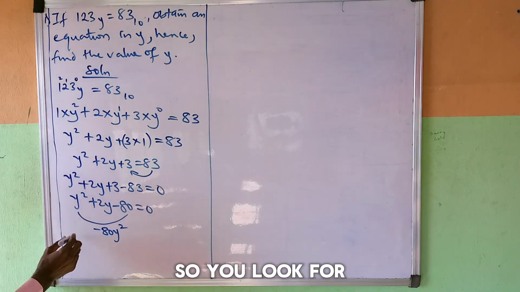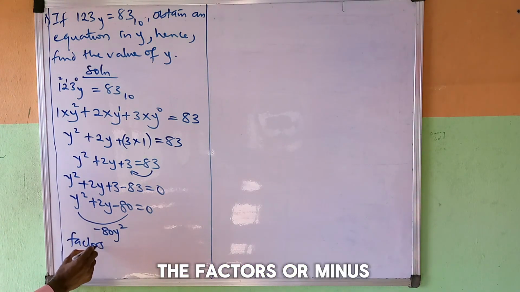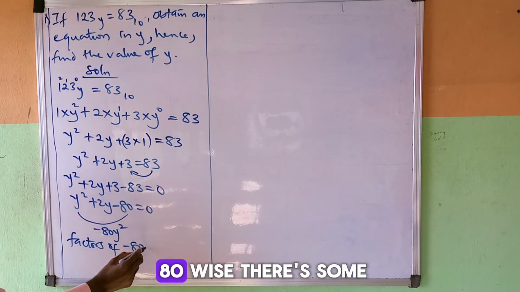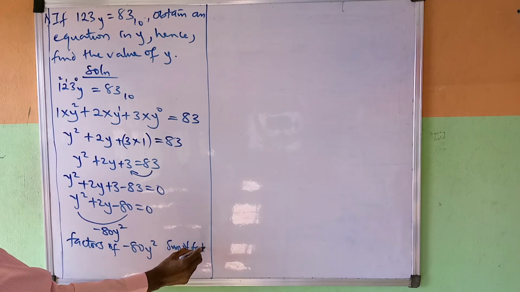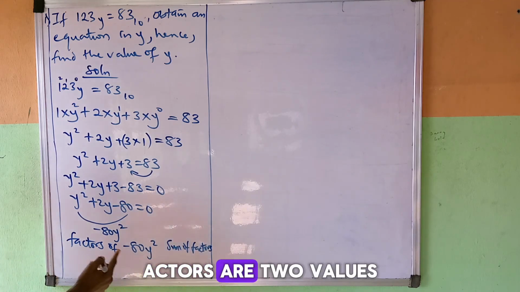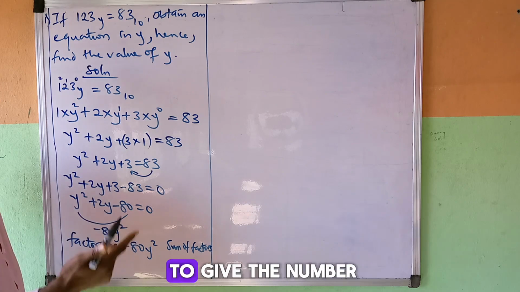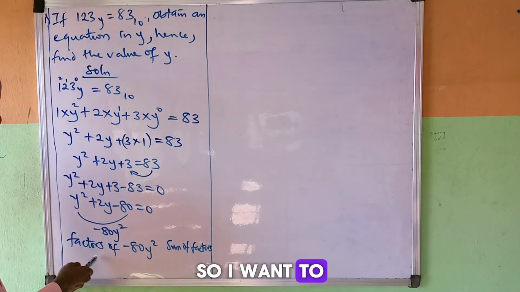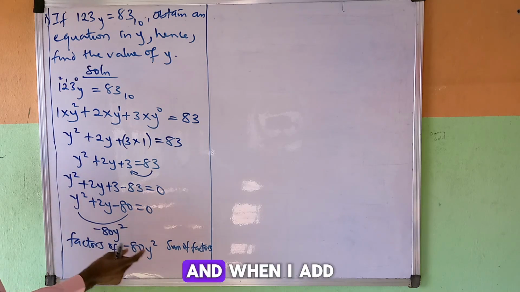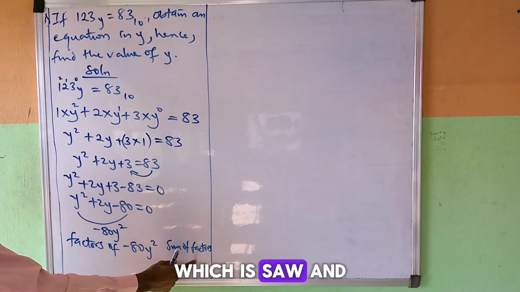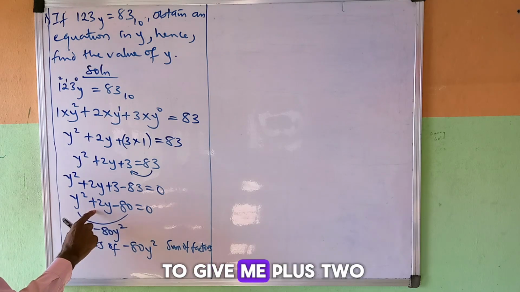Now, you look for the factors of minus 80y squared whose sum is the middle term. Factors are two values that multiply each other to give a number. So I want to look for two values that will multiply together to give me minus 80, and when I add them, which is the sum, it will give me plus 2.